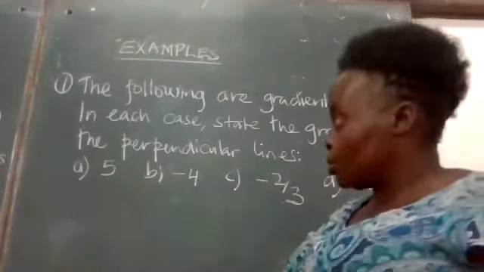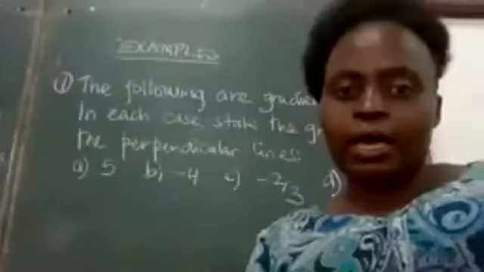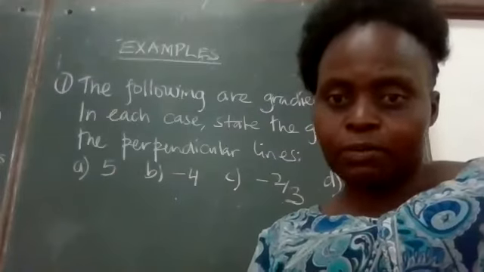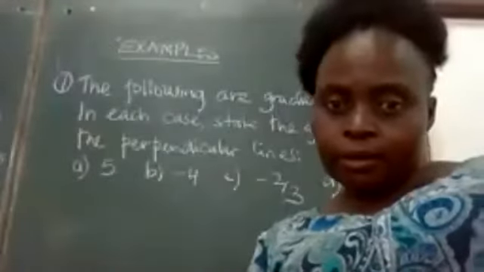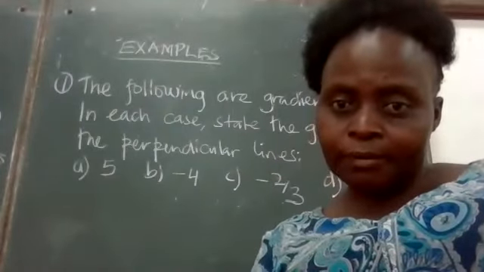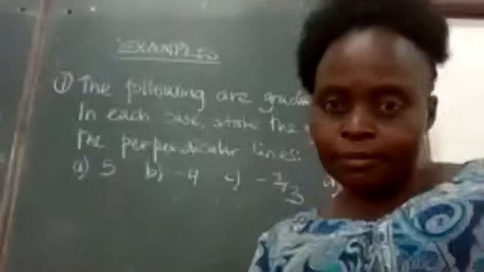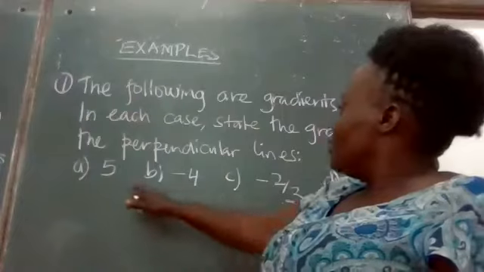We have the condition for perpendicular lines. Is there anyone who can attempt part A? Any idea on part A? Take 5 to be M1 and then find M2.